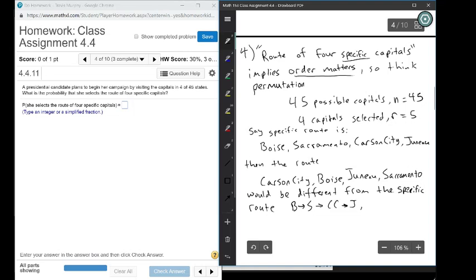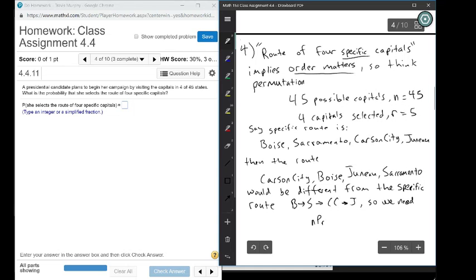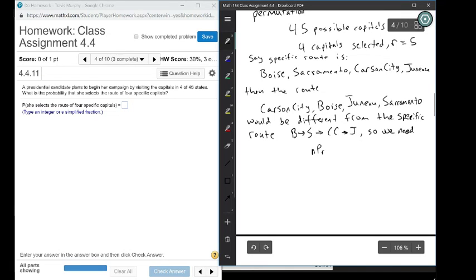So we need permutations to figure out the sample space.